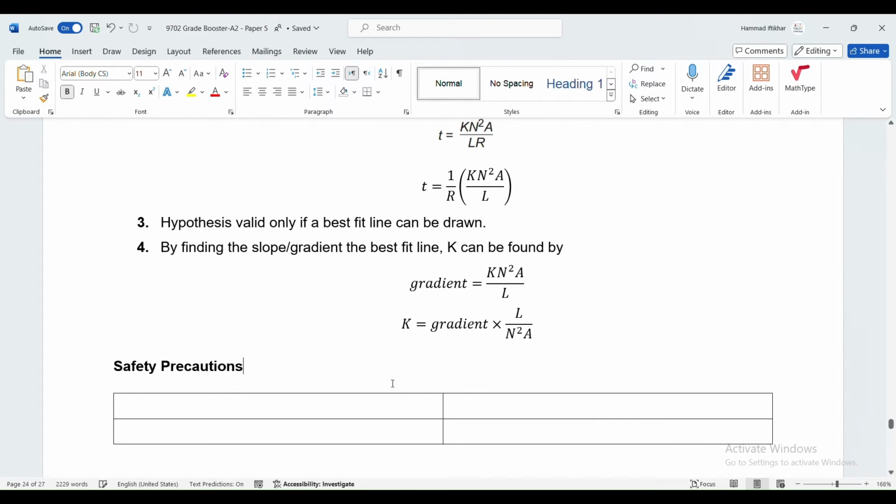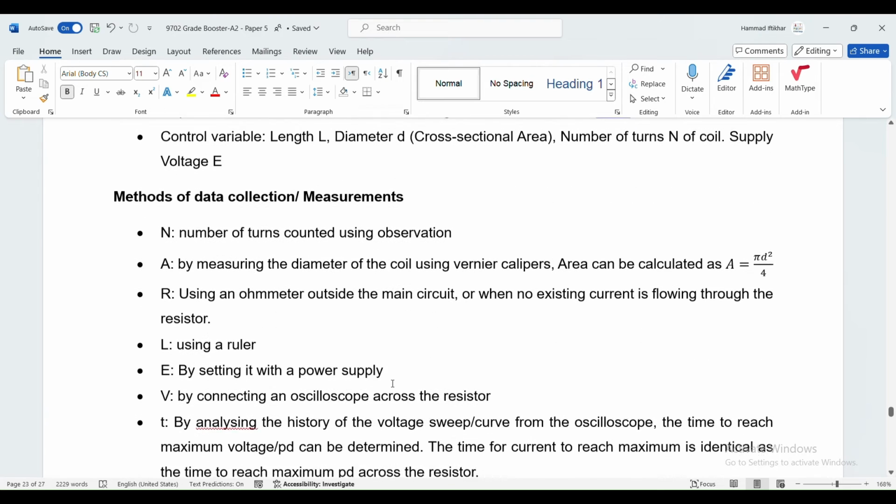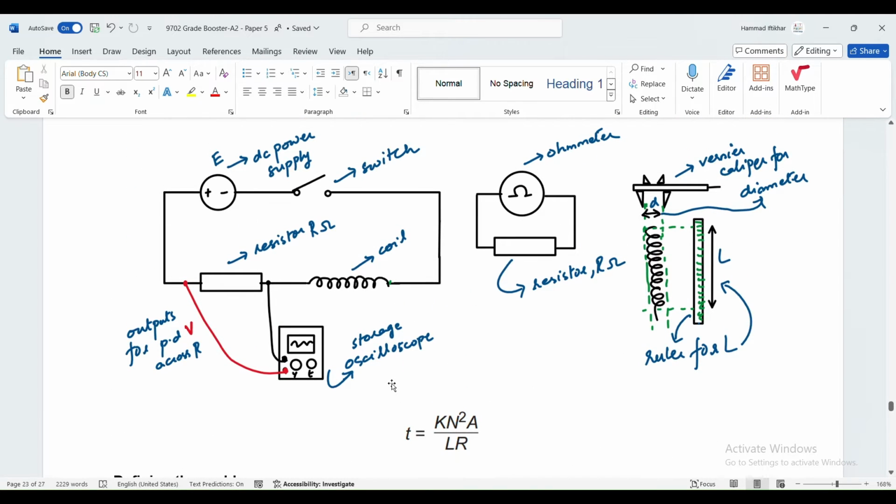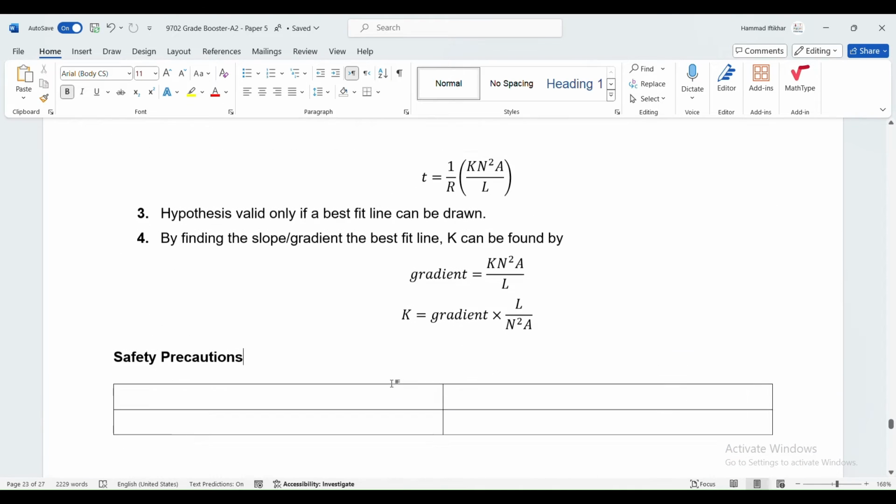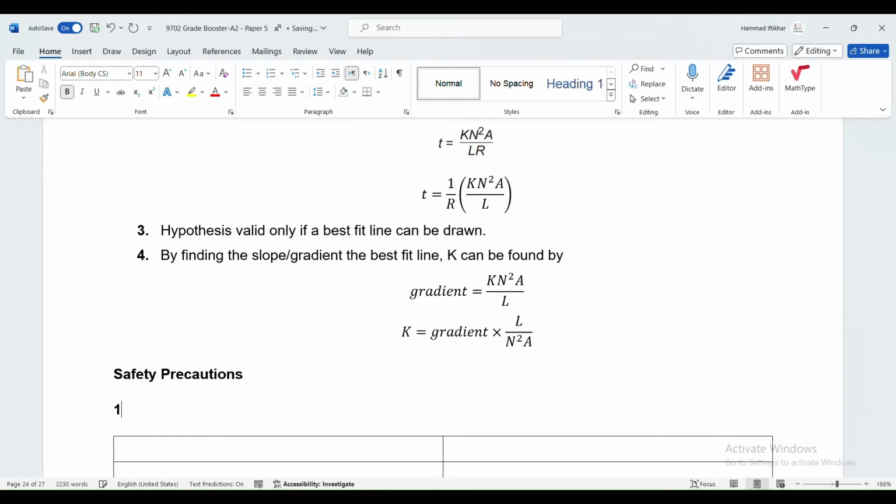Now the safety precautions. Safety precautions have to do most probably with the handling of the coil, because obviously when current is passing through this coil, it will get hot. So we will write: careful handling of coil with gloves to protect against electric shock or burns.